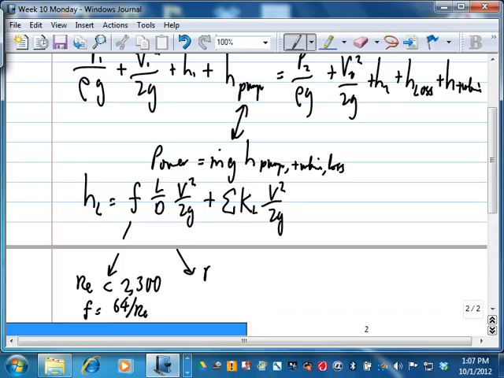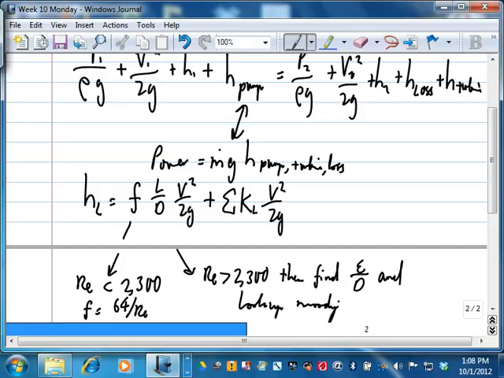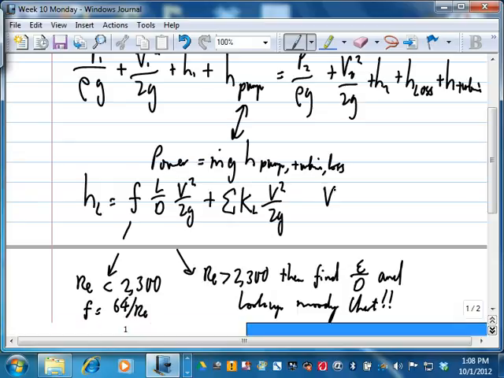If more, then you need to find the relative roughness and look up the Moody chart. This V is not V1 or V2, it is the velocity in the pipe, the average velocity in the pipe.